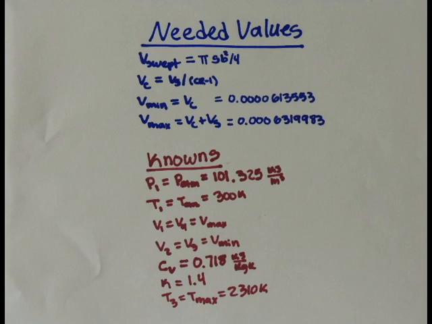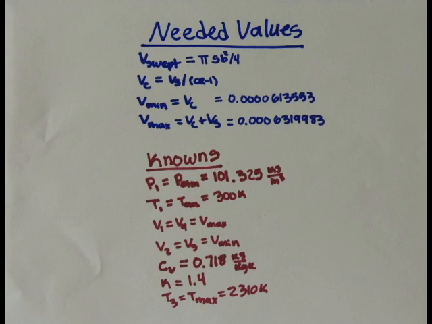We also start with some known values. The initial pressure, P1, is the same as atmospheric pressure, which is 101.325 kilopascals. The initial temperature is also the atmospheric temperature, which is about 300 Kelvin.